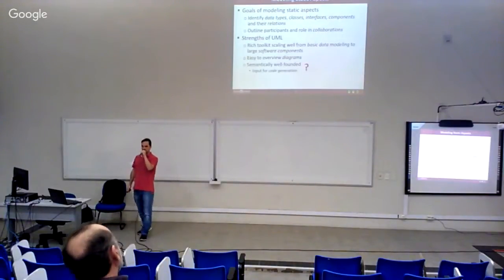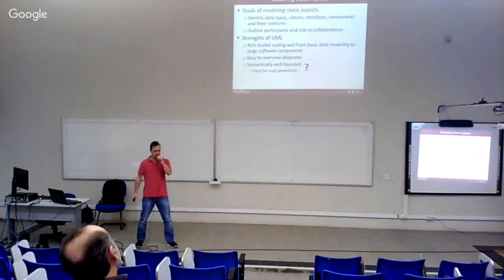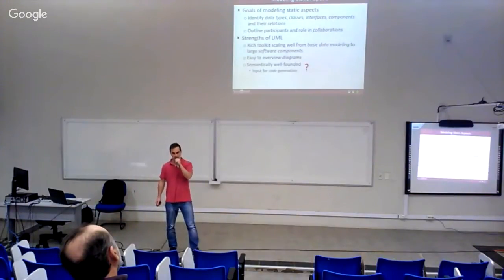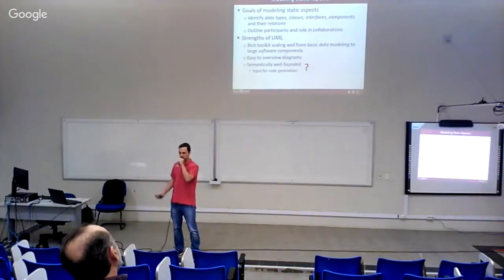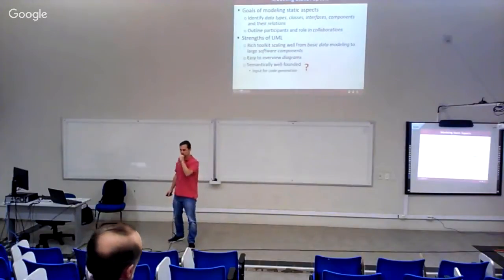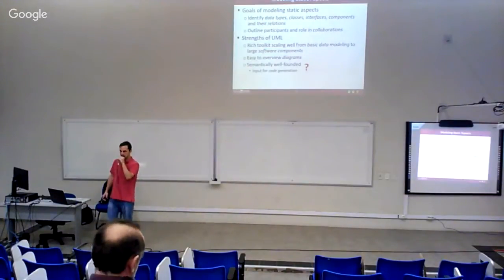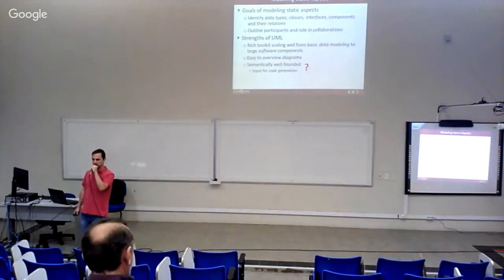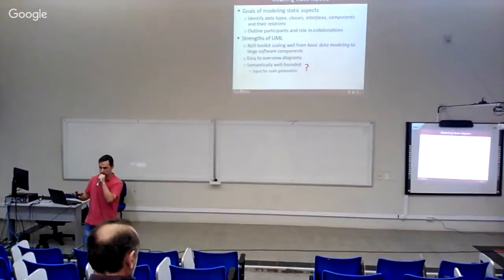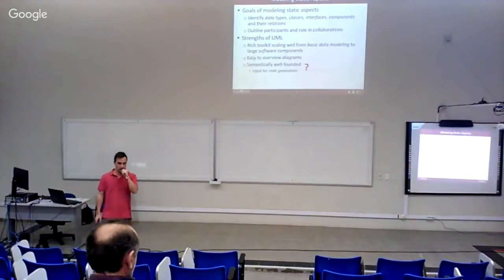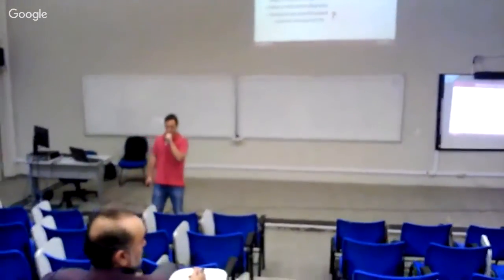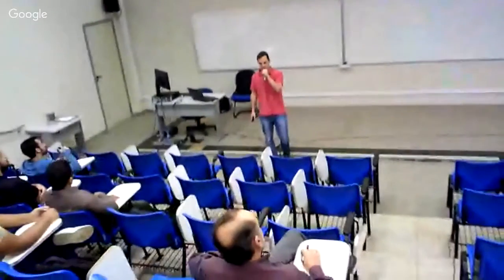Well, actually, unfortunately, this is not true for all the cases, so be careful when you use UML for code generation. As I mentioned yesterday, there is a foundational subset of UML that supports this, but there are also parts of the UML standards that are not so clear, defined not so precisely.